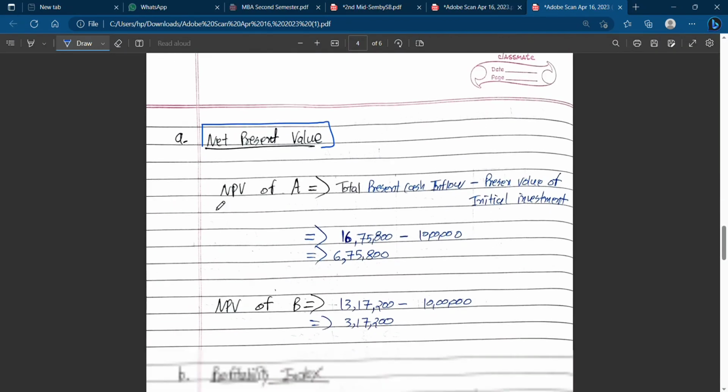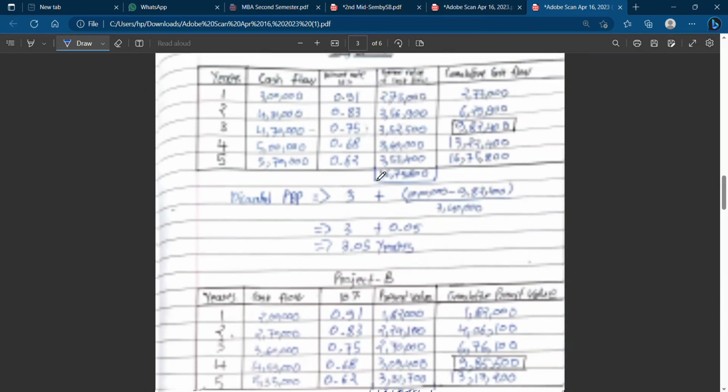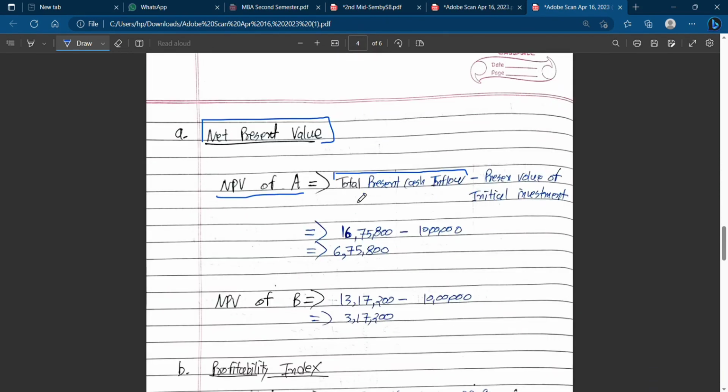Our next is net present value, NPV. We are calculating it for project A. Net present value means the total present value of inflows after discounting. The total here is 16,75,800, which is our total present value. The present value of the initial investment does not change, so it is the same 10 lakh.